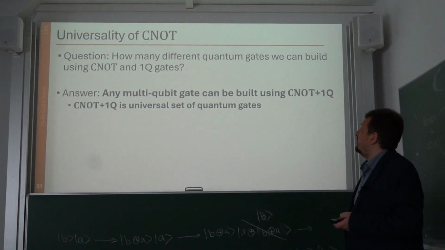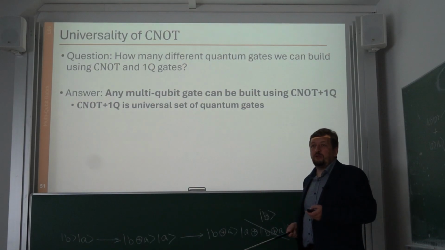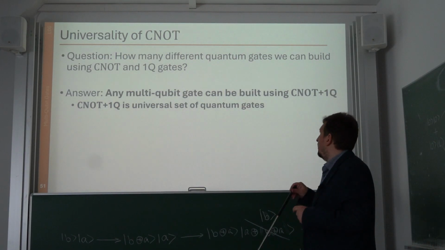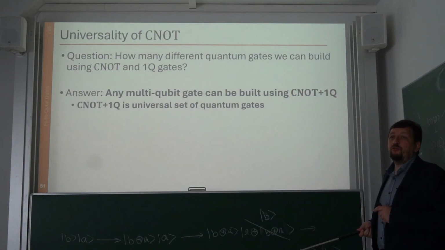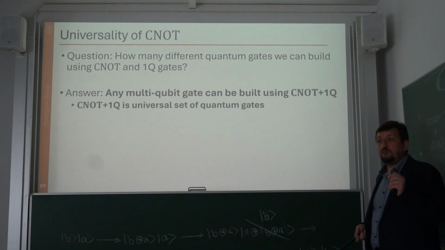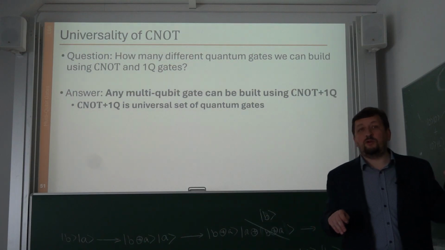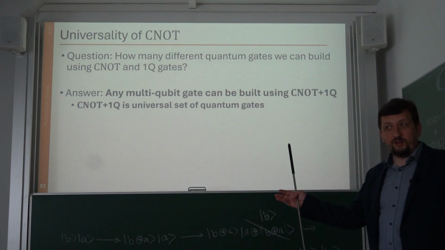And the answer is that we can build any multi-qubit gate, absolutely any. We can write absolutely any quantum program if we have this C0 gate and 1 qubit gates. So C0 and 1 qubit gates form what is called a universal set of gates, a set of gates that allows us to build absolutely anything.